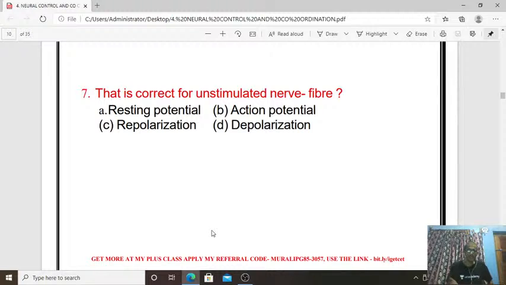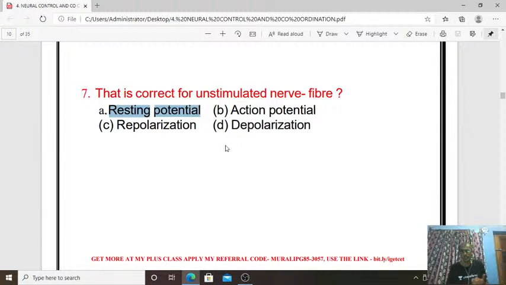What is correct for an unstimulated nerve fiber? Unstimulated refers to not carrying any kind of nervous signal, isn't it? So that is the resting potential. Depolarization is observed during the action potential, isn't it?